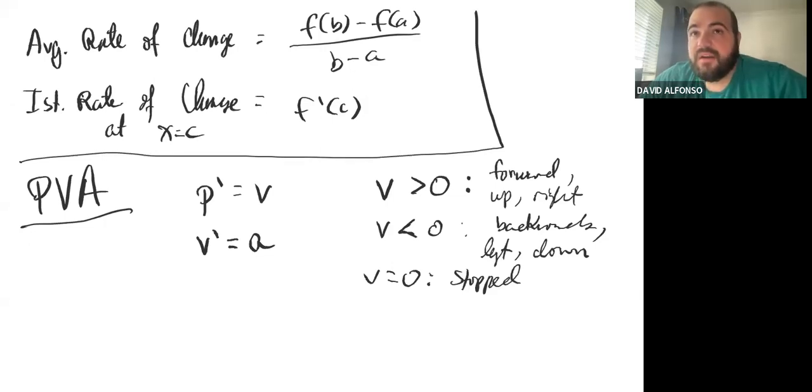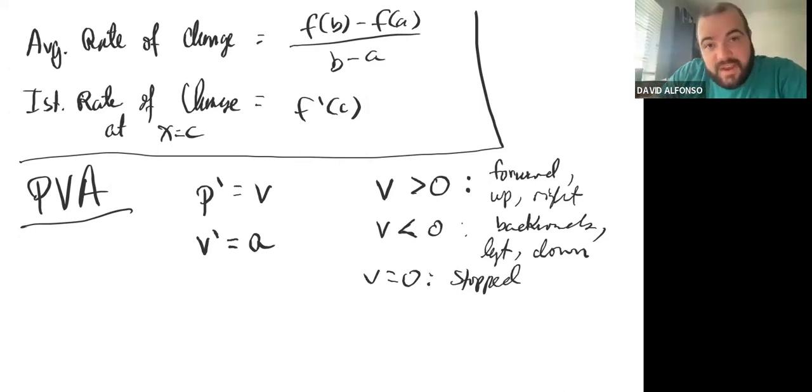A positive acceleration means that the velocity is becoming more positive. A negative acceleration means the velocity is becoming more negative. If the velocity is positive and the acceleration is positive, the velocity is getting more positive, so it's actually accelerating. But if the velocity is positive and the acceleration is negative, the velocity is getting less positive, so you're slowing down.